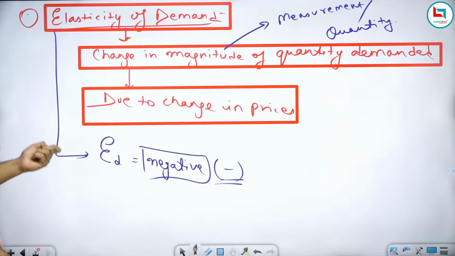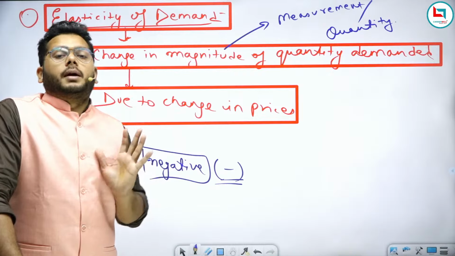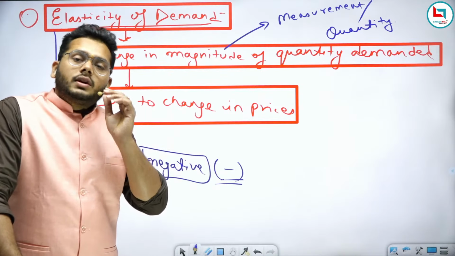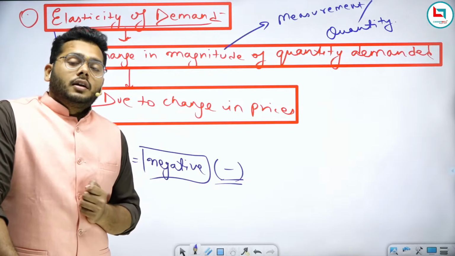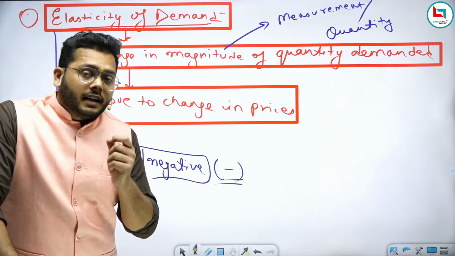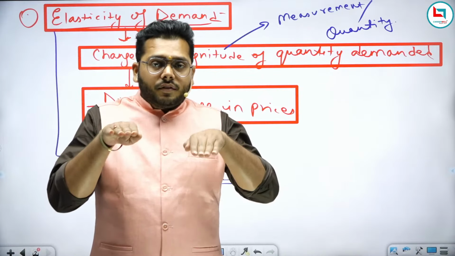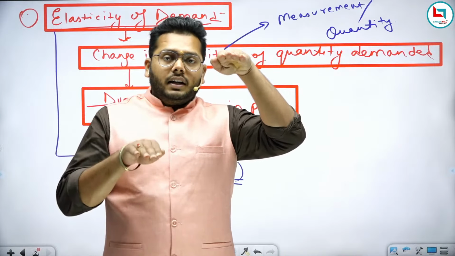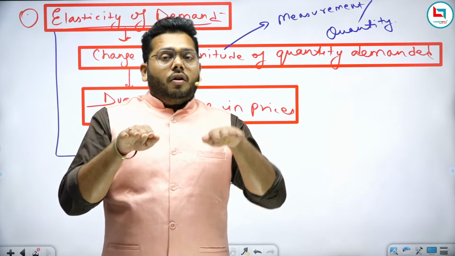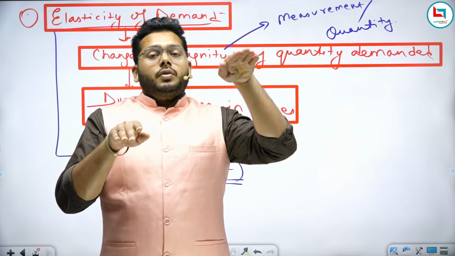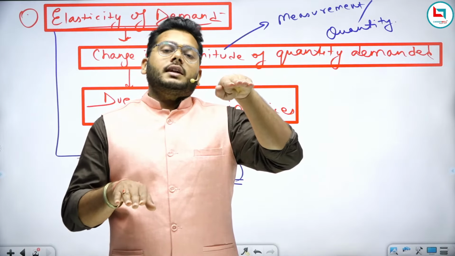This is all about the relation between price and demand. So just tell me, what is the relation between price and quantity demanded? You will always get a negative relation between price and demand. It means whenever the price increases, the demand decreases. Whenever the price decreases, the demand increases.